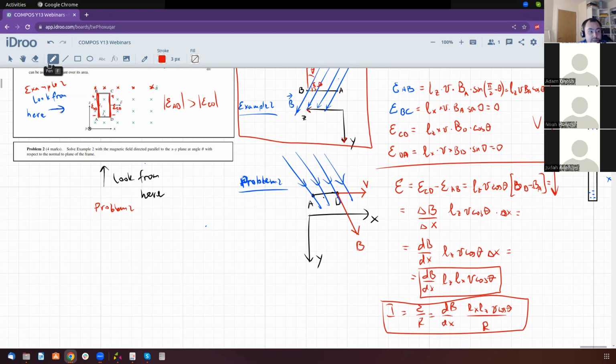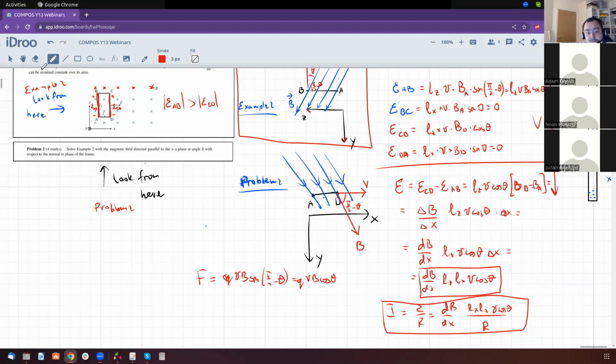And we have the Lorentz force. We have the force is equal to, you need the angle between this, and this angle is again pi over 2 minus theta. So the Lorentz force is QVB sine pi over 2 minus theta. And it's going to be QVB cos theta again.